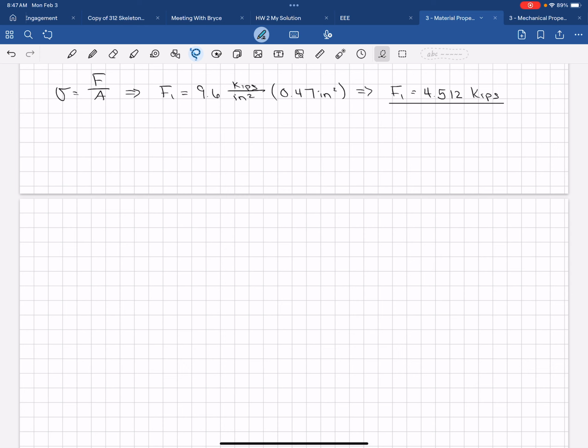So, I'm going to use the free body diagram to solve for P and the reactions at B. Here's my free body diagram.